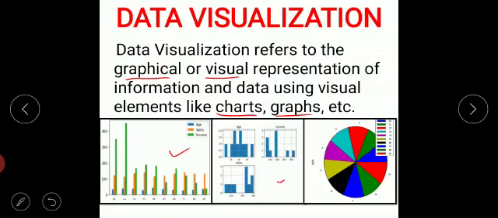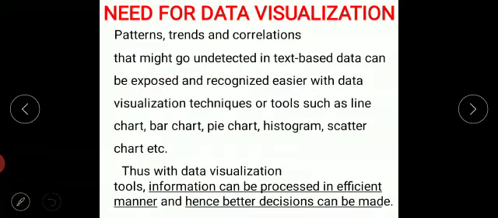This is known as histogram, pie chart, and we will learn the other types of charts in the chapter. Now, here we have seen that data visualization means graphical or visual representation of information using charts and graphs. Right. Now, what is the need of data visualization? Let's see.